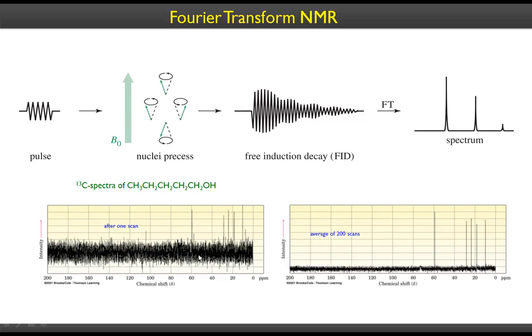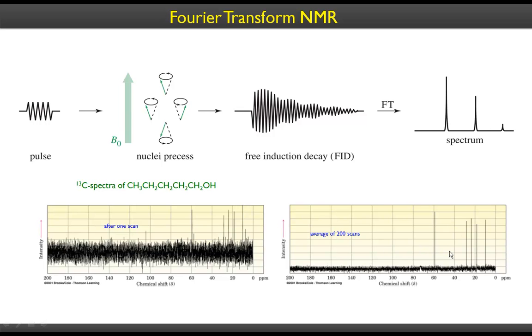So in order to get a smooth baseline, you need thousands of scans and you need more sample. For example, a proton NMR can be collected with a milligram sample, but for C13 you need at least 20 to 30 milligrams for a decent C13 spectrum in a decent amount of time.